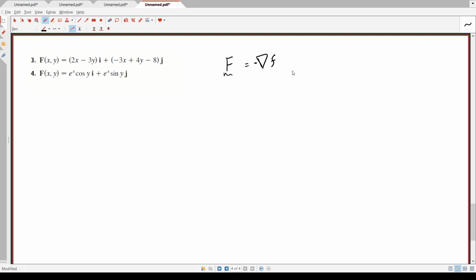I have this, and I want to find this. This they call a potential function, and we'll see why in just a little bit.